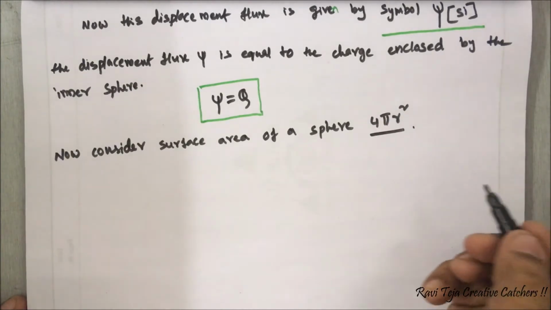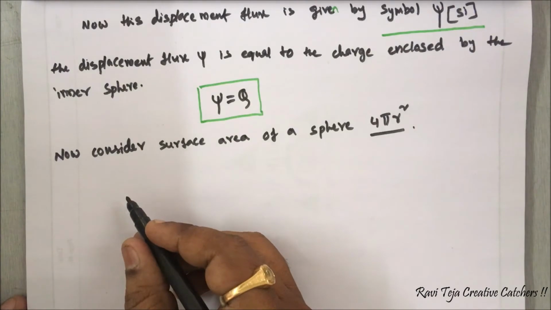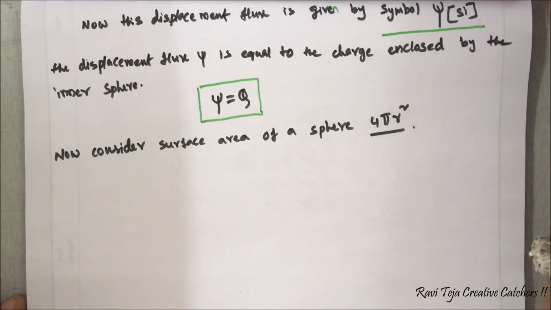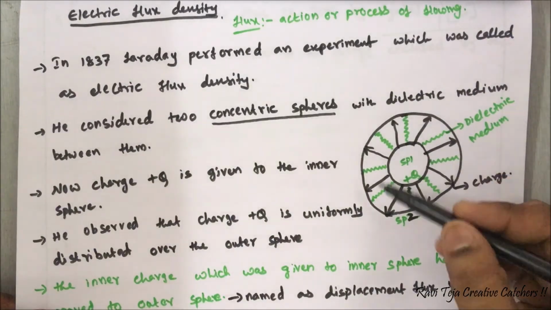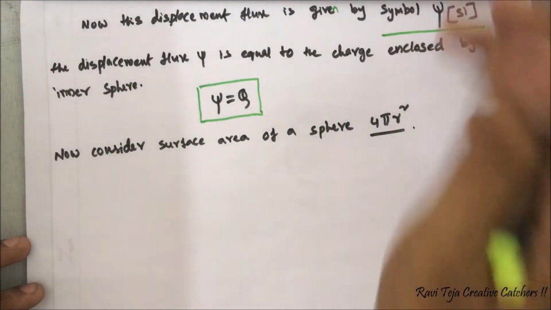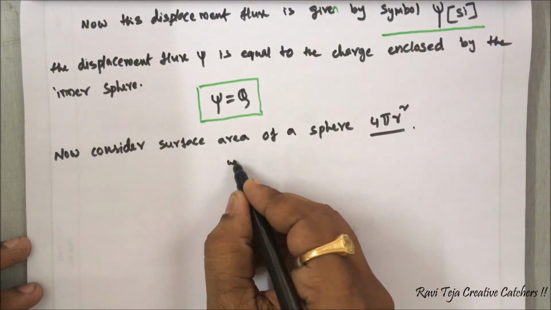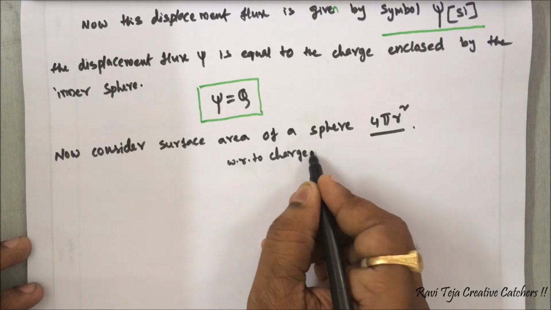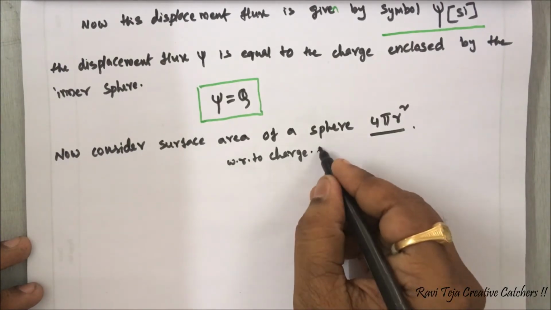Okay. So if at all we consider the surface area of a sphere with respect to charge, with respect to charge means we can call it as charge q.